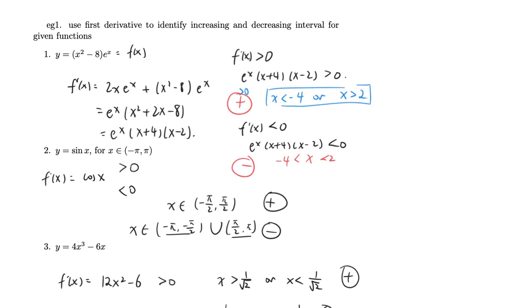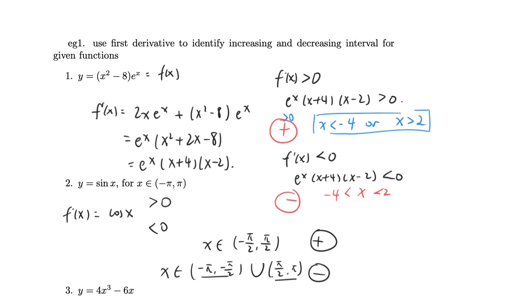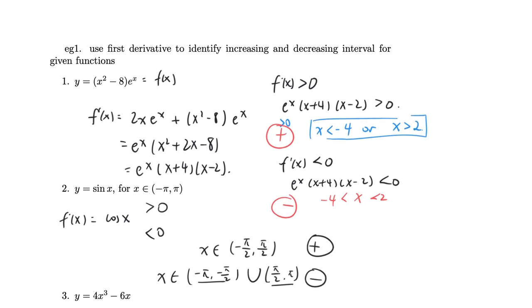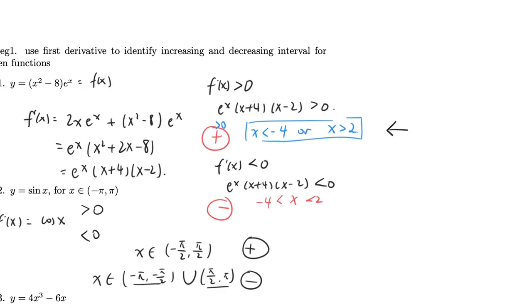As for practice, let's consider this right over here. One classic thing that we could draw is a derivative sign chart or graph. So we consider f prime, and we have these points -4 and 2. We've analyzed previously that for x less than -4, the derivative is positive, so the function is increasing, and at x greater than 2, it's also increasing, and in between it's negative.